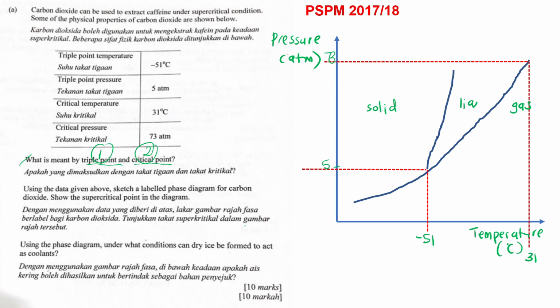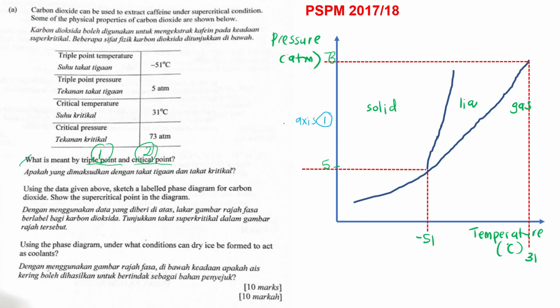For the phase diagram marks, we are given 5 marks. One mark for axes: pressure in atm and temperature in degrees Celsius.